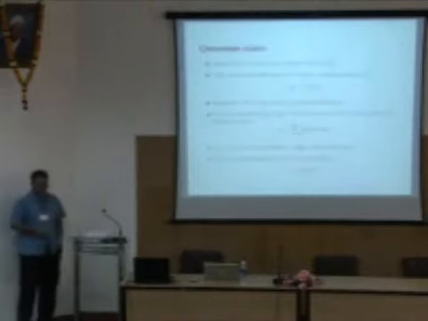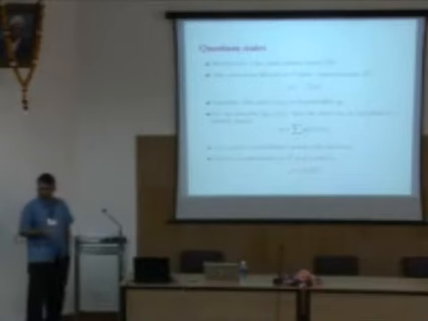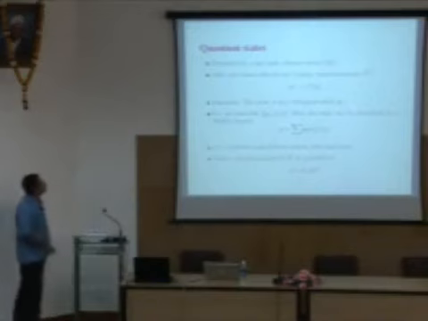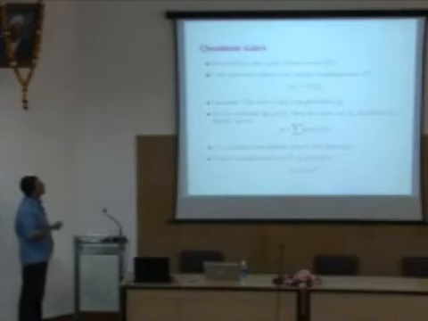Let me start with quantum states, and as I said, I'm going to talk about pretty basic stuff to start with. A quantum state is described by a ket, which is a unit column vector. It's a column vector with unit norm, and we are going to denote it by psi with this kind of symbol here.